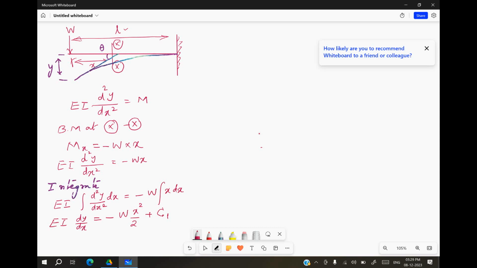Now I need to put the boundary conditions.